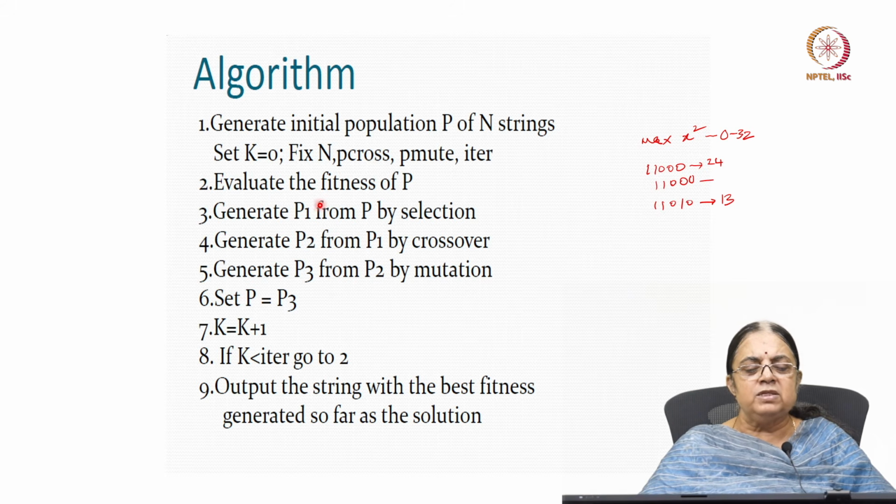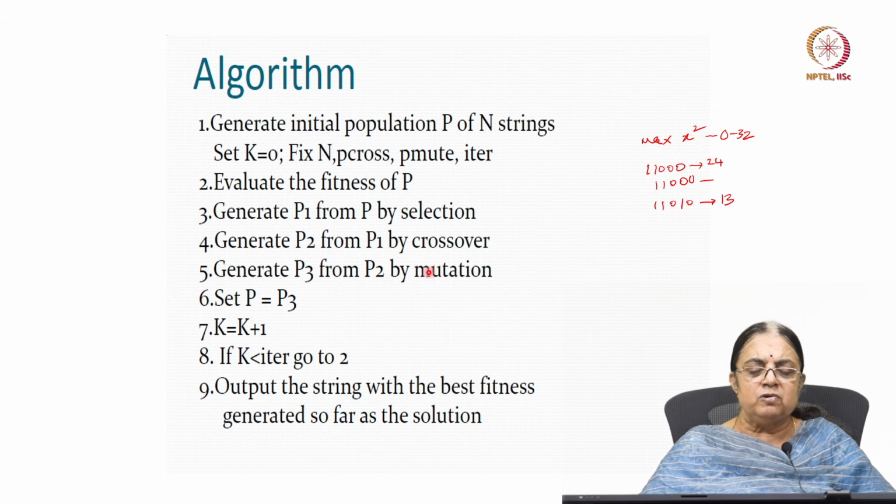Once you evaluate the fitness, you generate P1 from P by using selection. So you have an operator called selection or reproduction. Then you select P2 from P1 by doing crossover, which is another operator, and select P3 from P2 by using mutation.